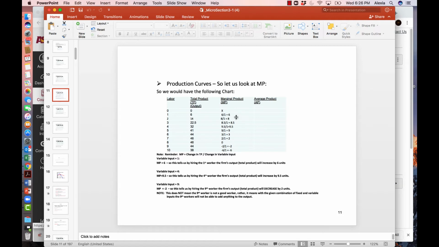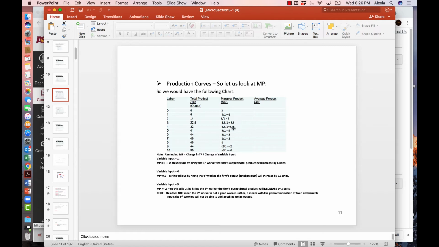So marginal product is 6 divided by 1, which is 6. The change in my output is 6, over the change in my labor, which is 1. How do you interpret this? By hiring that 1 additional worker, this firm's output will increase by 6.